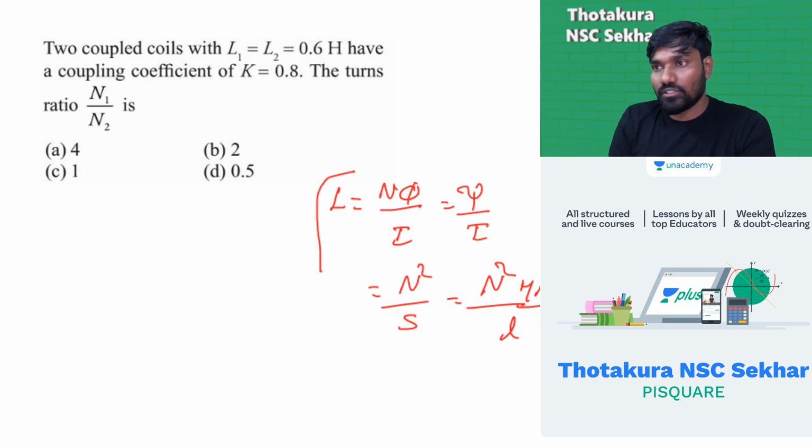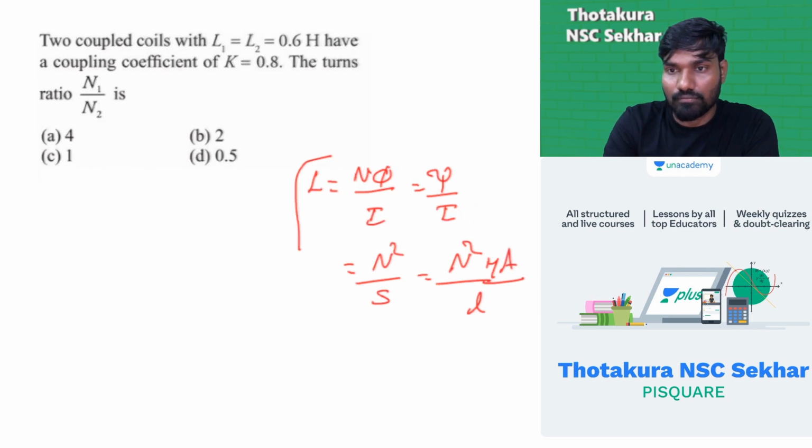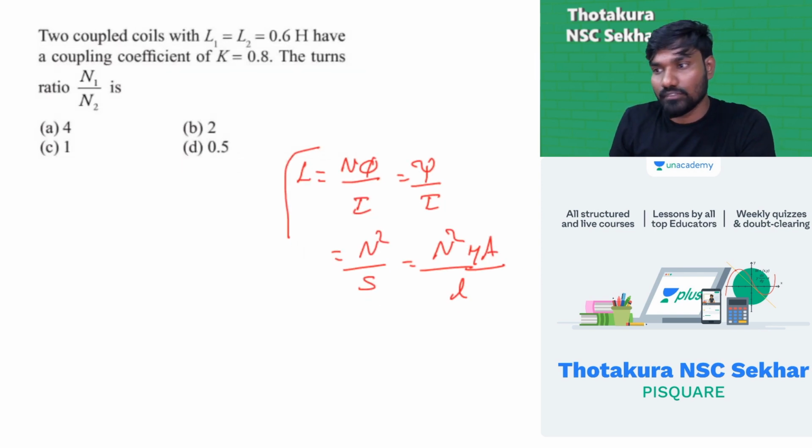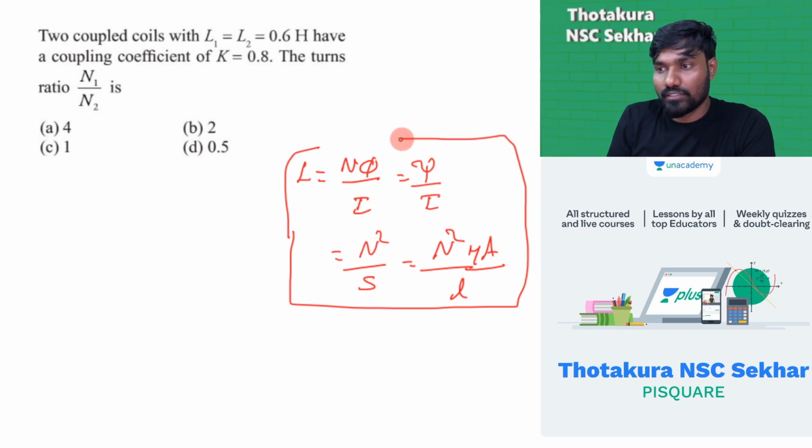So these are the formulas. I think you are not able to see all these maybe. Okay, I think now it's clear. Try to keep these formulas in your mind. From this you can clearly say L is proportional to N square.